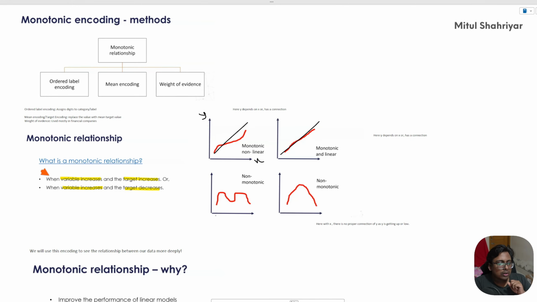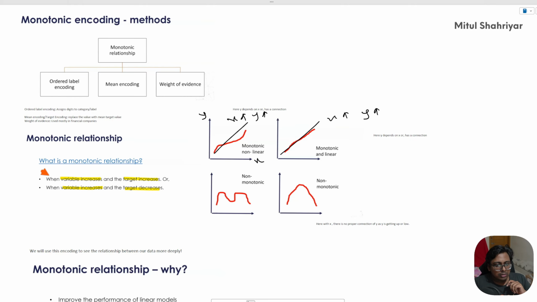But this is not, because you can see x is increasing and y is decreasing. There's no simple connection. But here, as x was increasing, y was increasing, and here as well. Here we don't have that. Great. So these are non-monotonic. These are monotonic, right? Great.